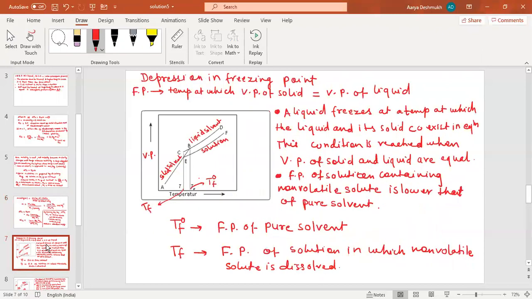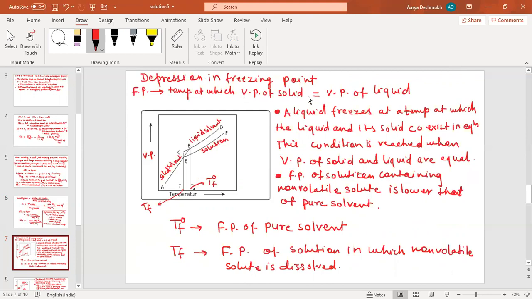Now we will proceed further to the next thing, that is depression in freezing point. Now what is this freezing point? Freezing point is the temperature at which the vapor pressure of solid will be equal to the vapor pressure of liquid.